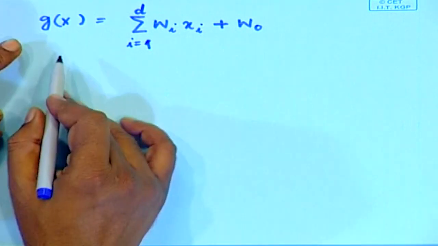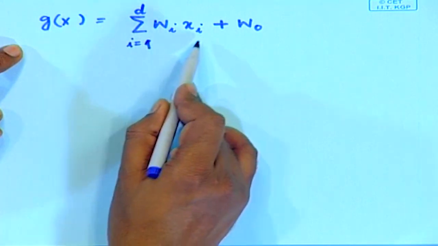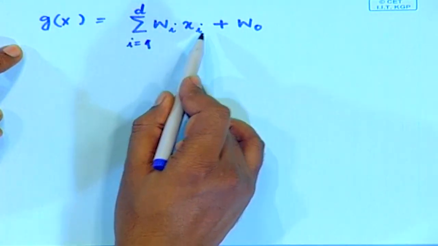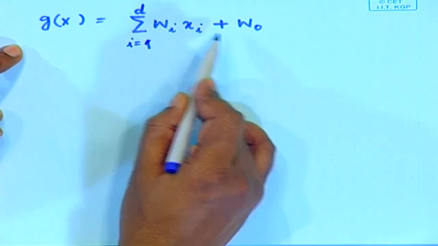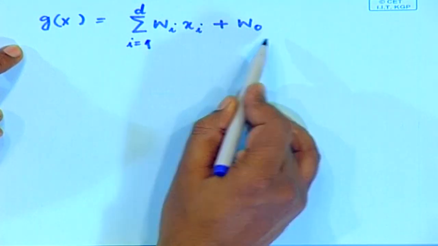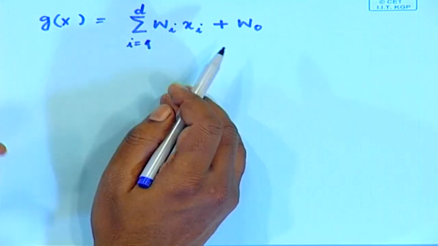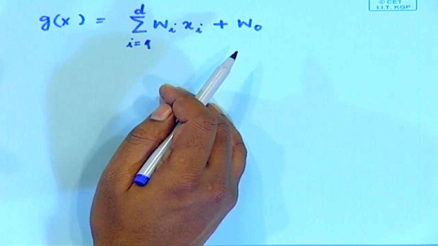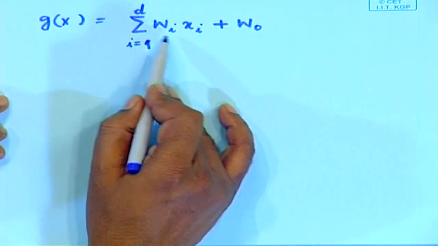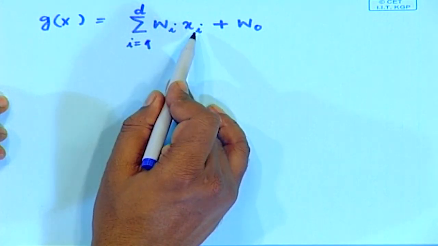So, this is nothing but a linear combination of the different components of the feature vector xi plus a threshold term which is W0. And these Wi's for different values of i represent a weight vector, and this is nothing but a dot product or inner product of the weight vector with the feature vector.